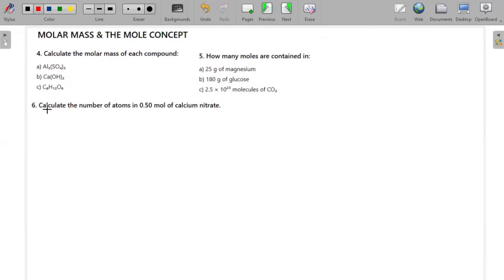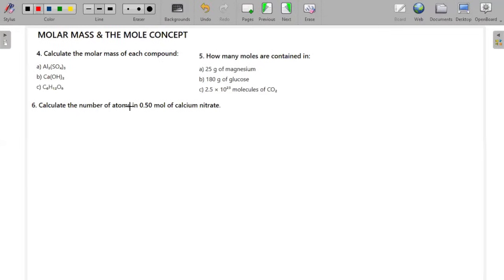So number 6, they're saying calculate the number of atoms in 0.5 moles of calcium nitrate. Calculate the number of atoms in 0.5 moles of calcium nitrate.